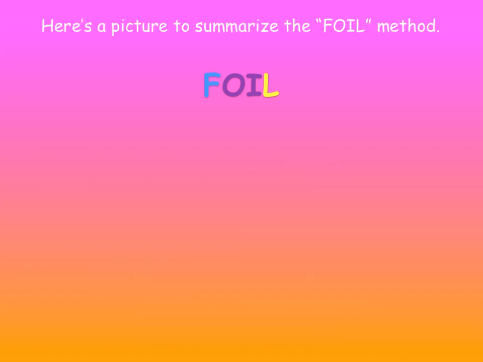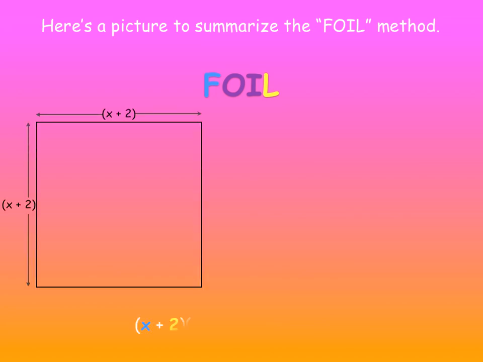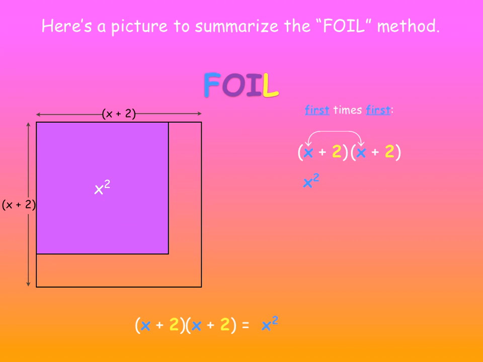Here's a picture to summarize the FOIL method. Let's say we have a big square. The dimensions are across the top x plus 2, and down the side is also x plus 2. So let's multiply first times first. That's x squared, and we see in the picture there's x squared.